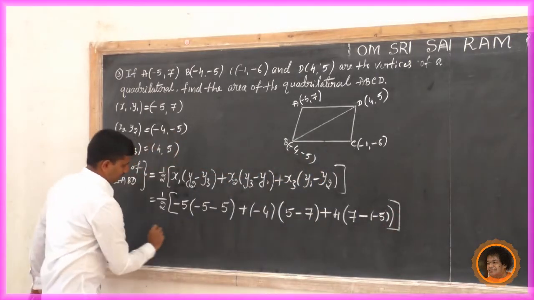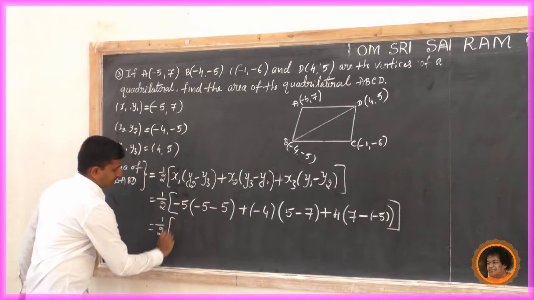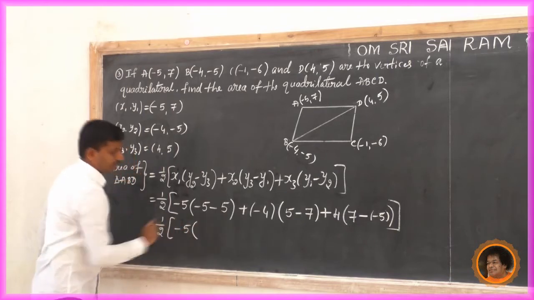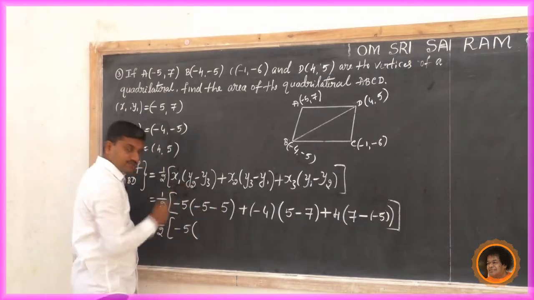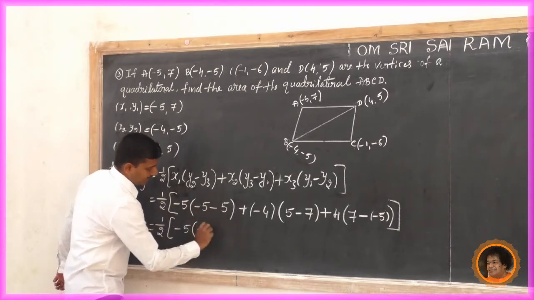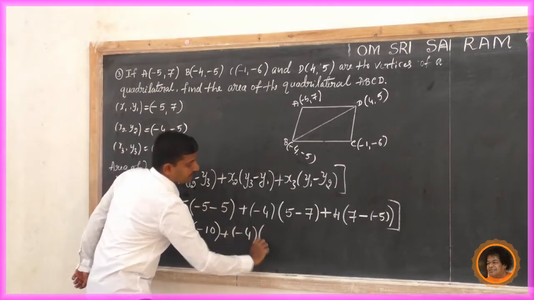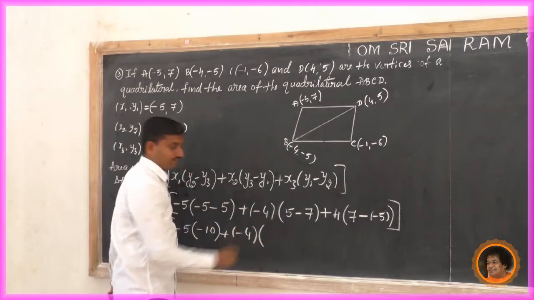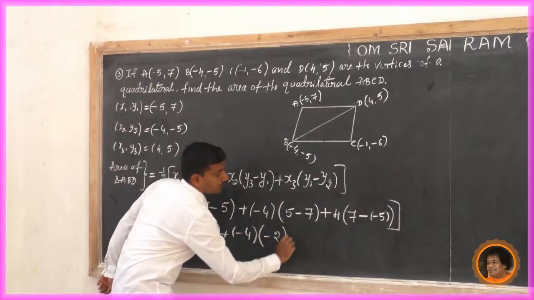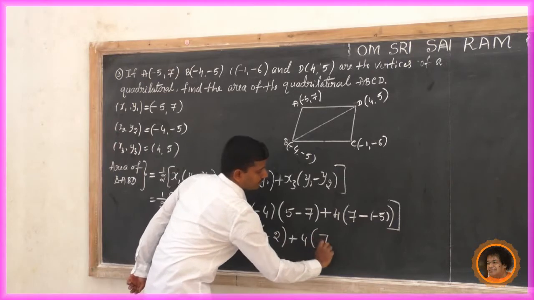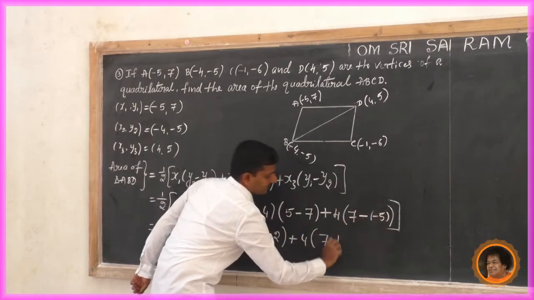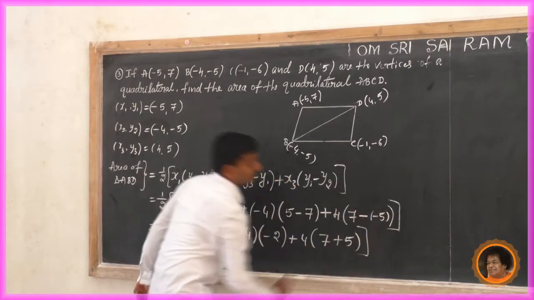So equal to half into minus 5 into minus 5 minus 5, that is minus 10, plus minus 4 into 5 minus 7, that is minus 2, plus 4 into 7 minus into minus, that is plus 5.